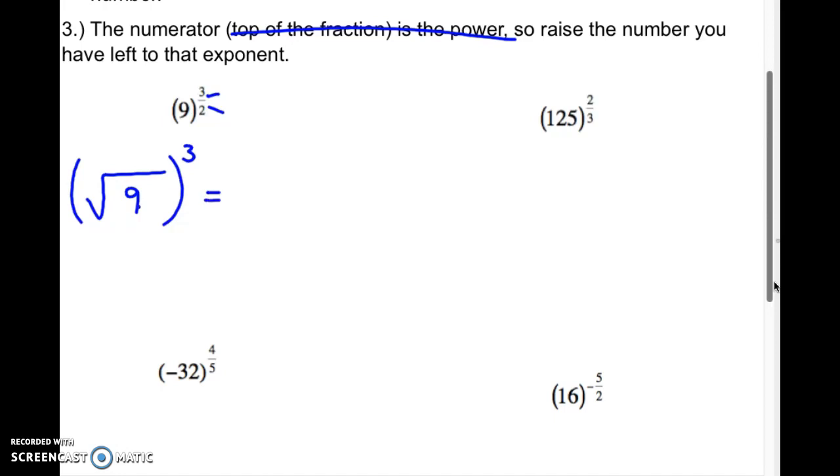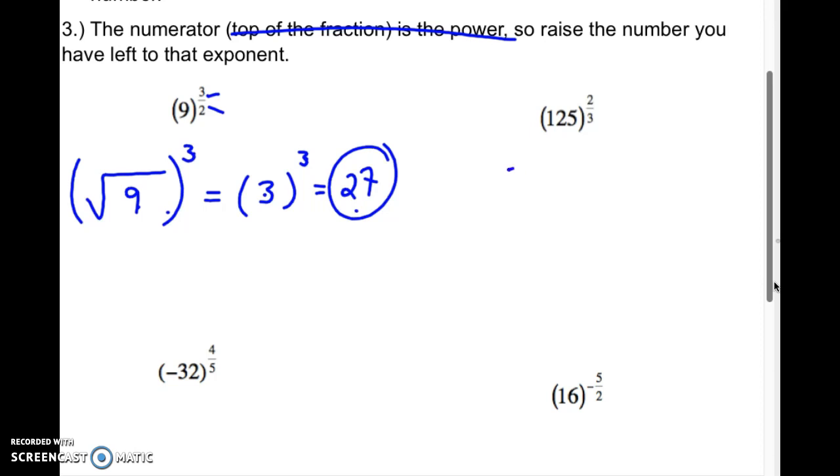The square root of 9 is 3. And we still have the cubed, it just came straight over from here to here. 3 times 3 times 3 is 27. So we rewrote, and then did the root, then we did the power.